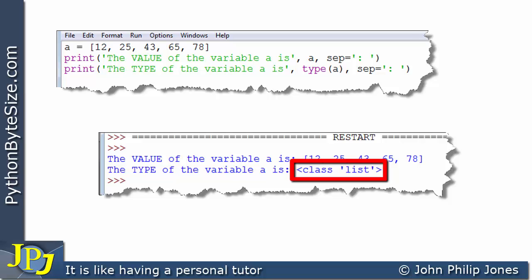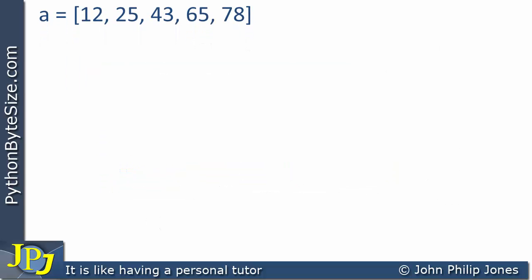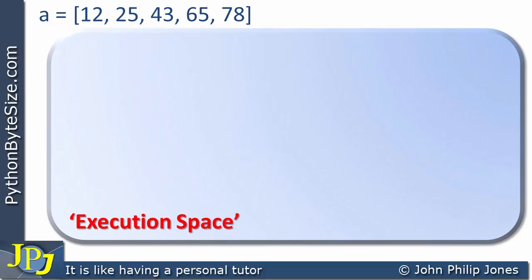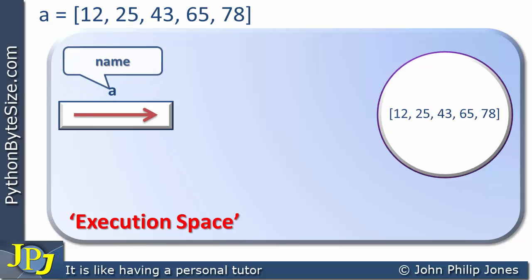of type list. But if we have a look at this modeled onto this diagram here, there we have A being assigned the list. If we have a look at the execution space, we can see that two things will be created, the rectangular shape and the circular shape, and we can see that A is the name.